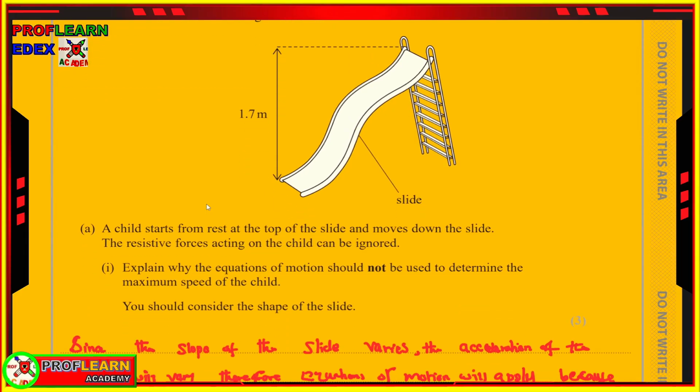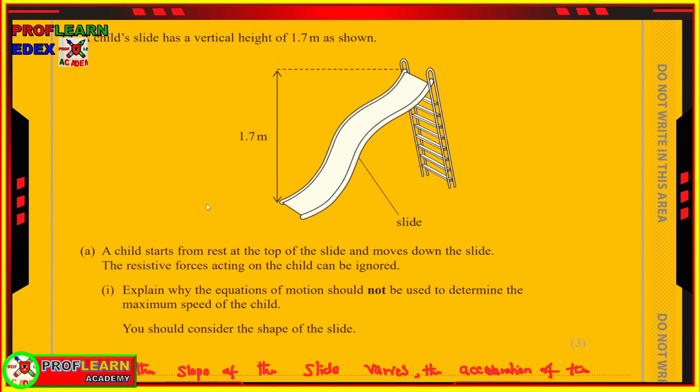Tricky is that if you look at this slide here, it has different slopes. Here is steeper, this is less steep, this is steeper. So acceleration is not going to be constant as this child is swinging down here.